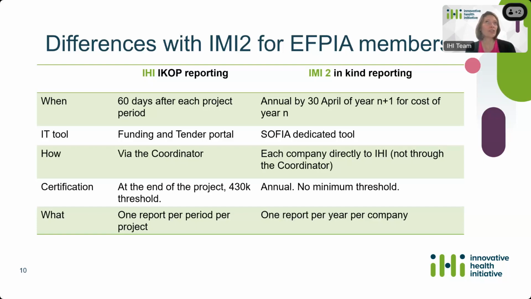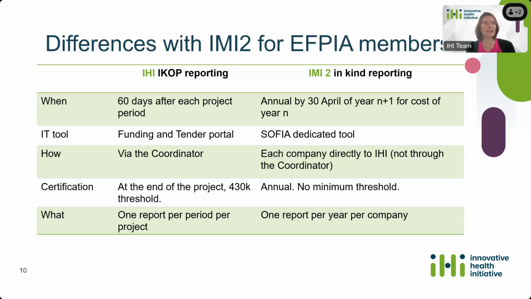Regarding the certification, there are also differences. For IKOP, it's only at the end of the project and only if the threshold is reached. The threshold is 430K. While for IMI2 in-kind, the certification is annual and there is no minimum threshold, so all in-kind should be certified to be accepted by IHI.